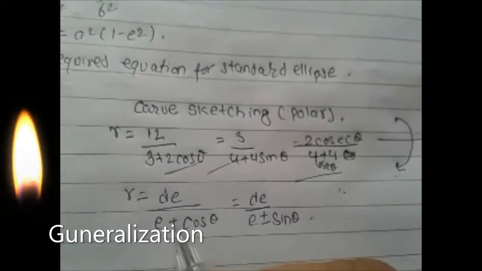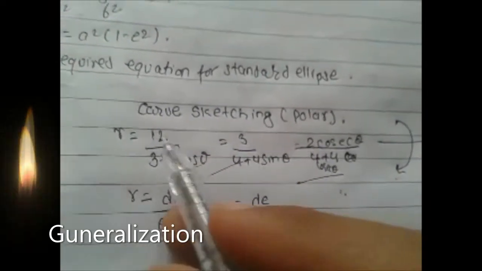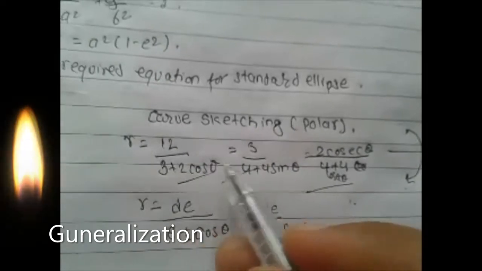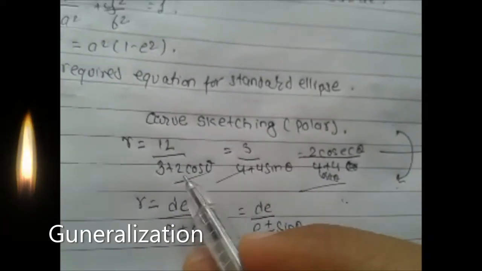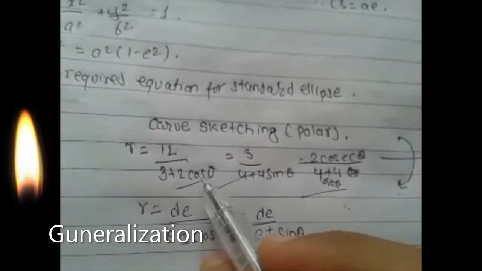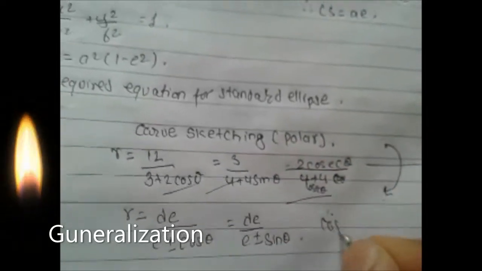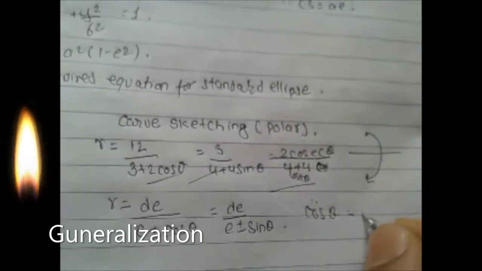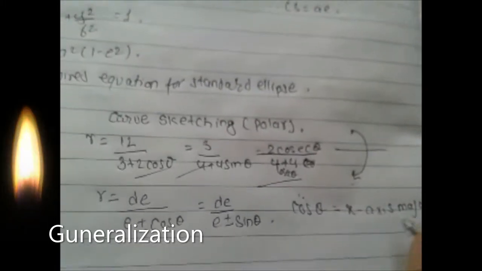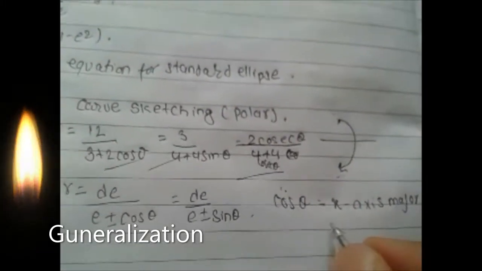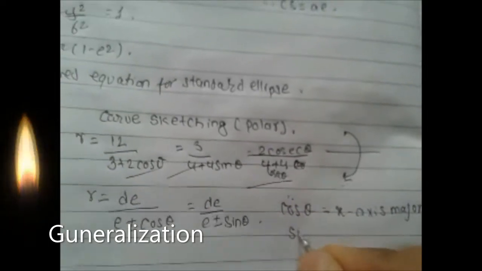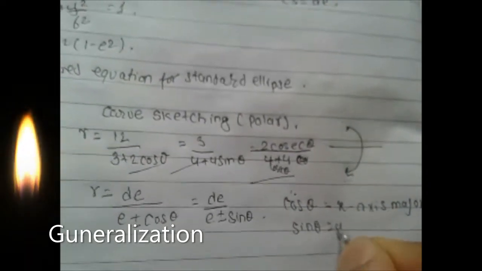Let's start. Suppose we have 12 by 3 plus cos theta. We have cos theta, that means the x-axis will always be our major axis. Remember that for cos theta, the x-axis will always be our major axis, and for sin theta, the y-axis will be our major axis.